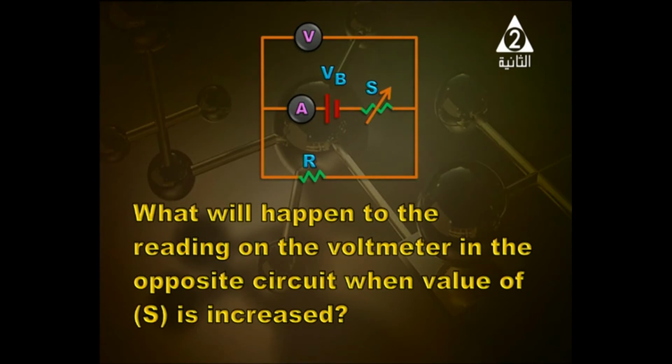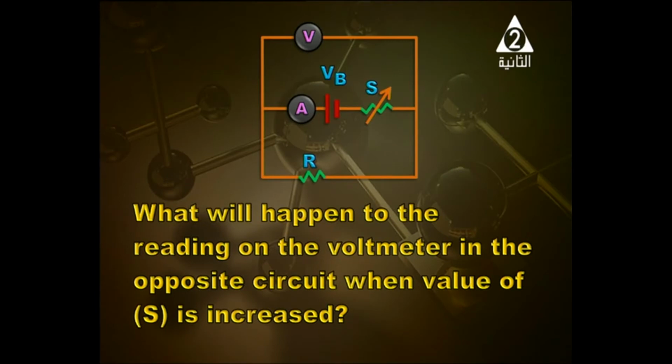What will happen to the reading on the voltmeter in the circuit shown in front of you when the value of the variable resistance is increased? Your attention please. Here the voltmeter reads the voltage across the resistance R. It is designed to measure the voltage across only R, the external resistance. The voltage applied across this resistance is the product of the current and the resistance.